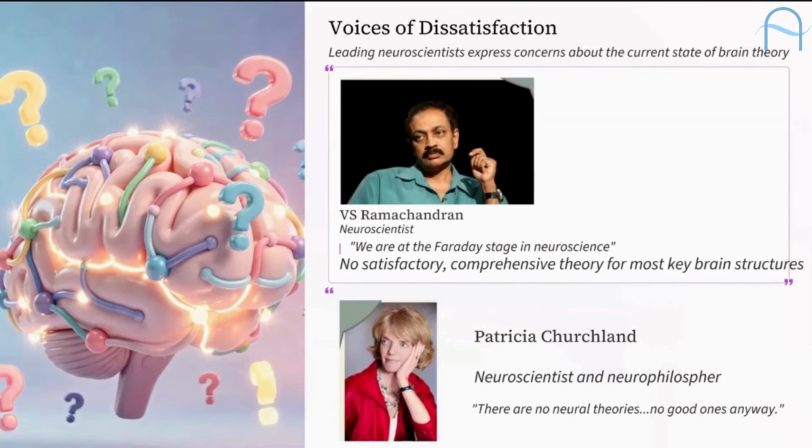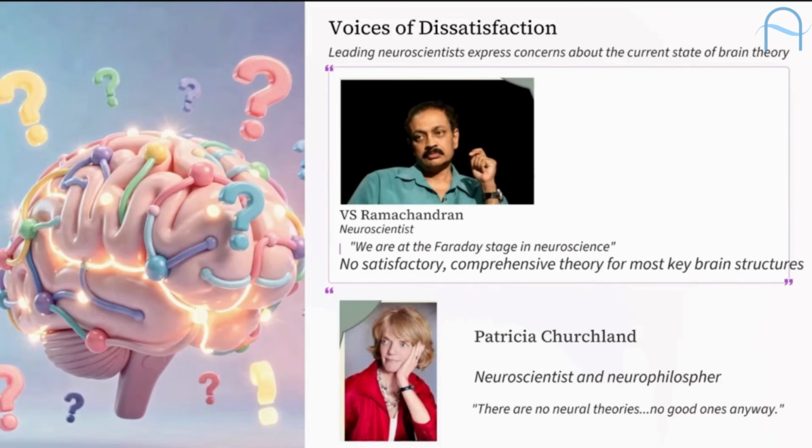That means Michael Faraday discovered the law of induction in electrical science. That's still midway. Right after Faraday, there's a guy called James Clerk Maxwell who came up with the Maxwell equations, and that's when you have a complete story of electromagnetism. Until then, it's a midway story. So Ramachandran says we are at a Faraday stage in neuroscience. We have a long way to go.